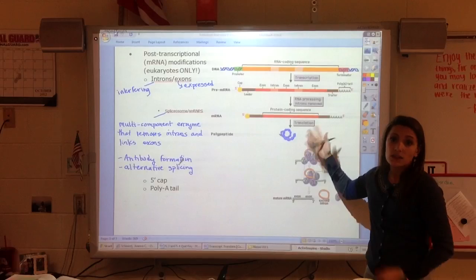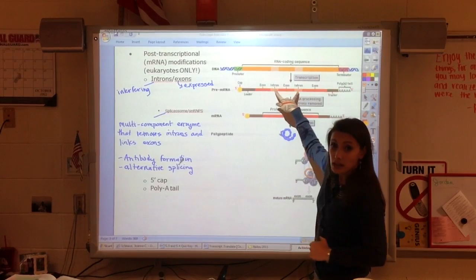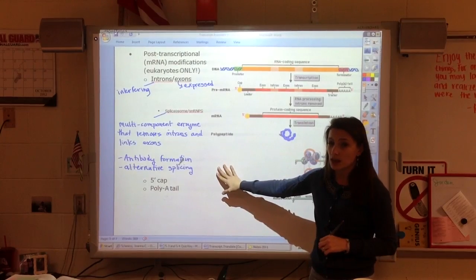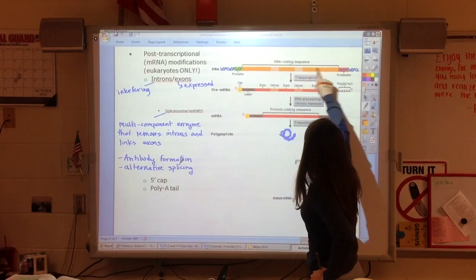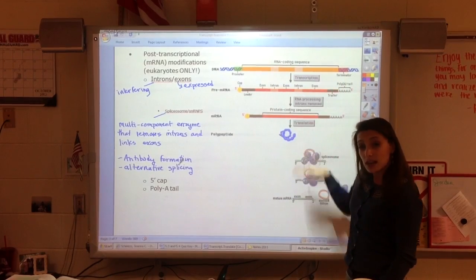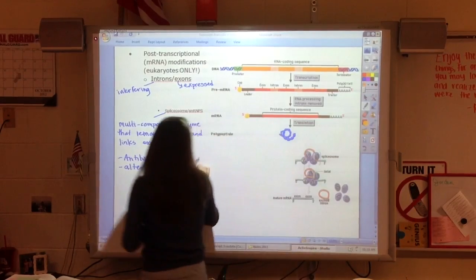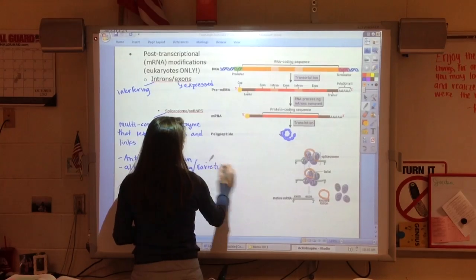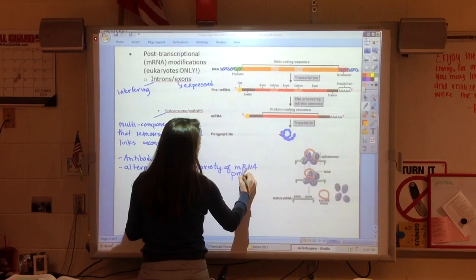Depending on the needs of the cell, it might take this out, it might take that out, it might take them both out, it might take none out, and that's what we call alternative splicing. So even from the same gene, we can get very different mRNAs. And this actually helps create a larger variety of mRNAs, which really means that we'll have a larger variety of proteins as well.